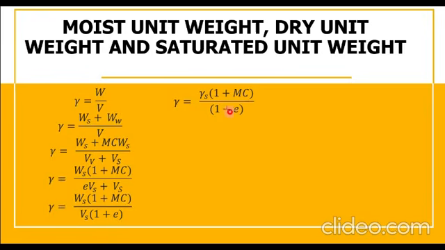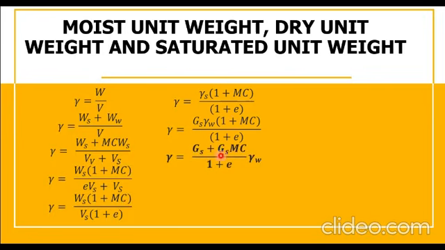We know that the unit weight of any substance is equal to GS times unit weight of water. The unit weight of soil is equal to GS times unit weight of water, multiplied by 1 plus MC over 1 plus E. So, if we distribute GS here, this will be GS plus GS MC over 1 plus E times unit weight of water.